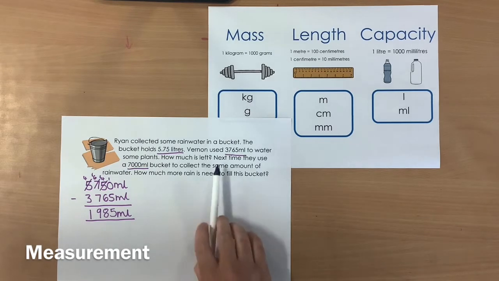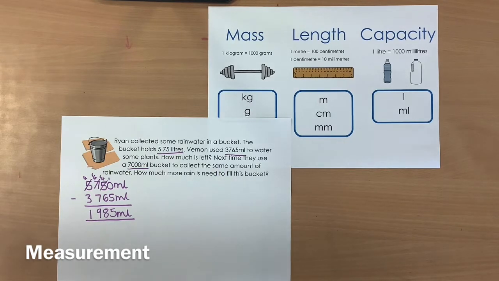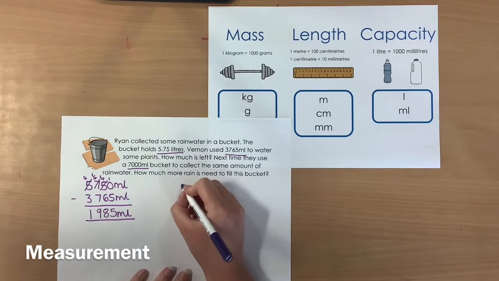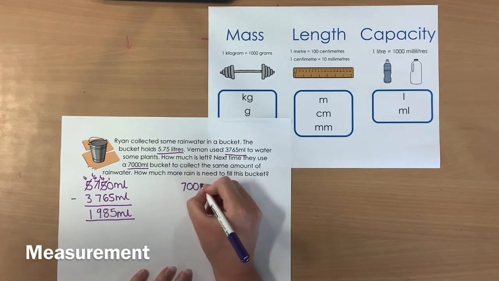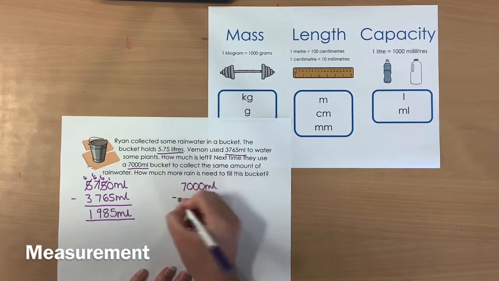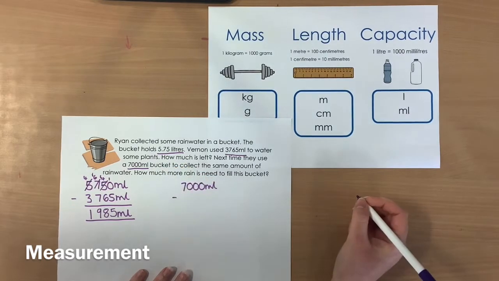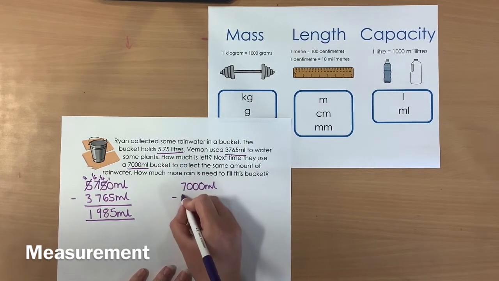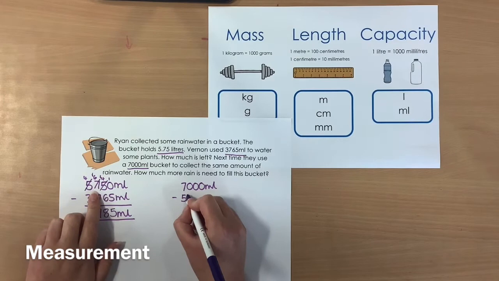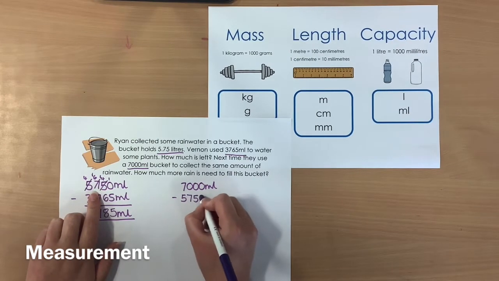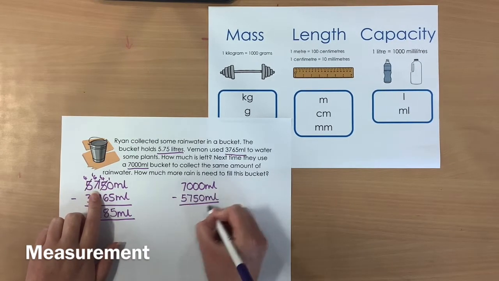Right, next part. Next time they use a 7,000 millilitre bucket to collect the same amount of rainwater. How much more rain is needed to fill this bucket? This time I need to do 7,000 because that's what they want, subtract the 5.75 litres because that's how much they collected last time, which I already know is 5,750 millilitres.